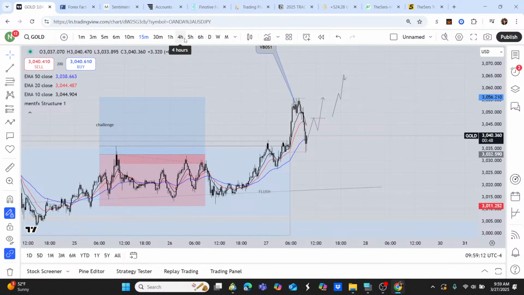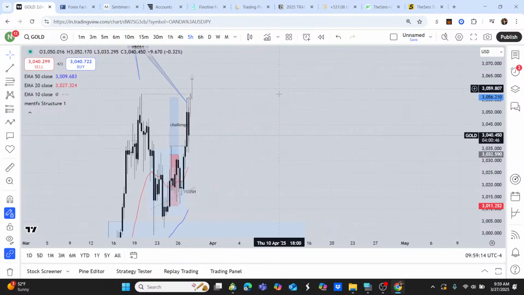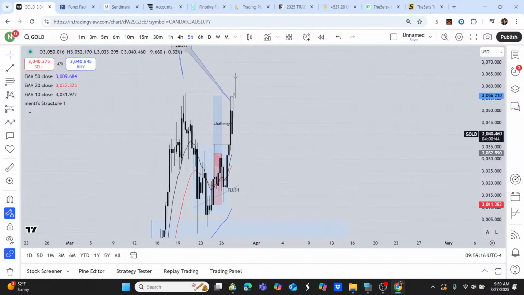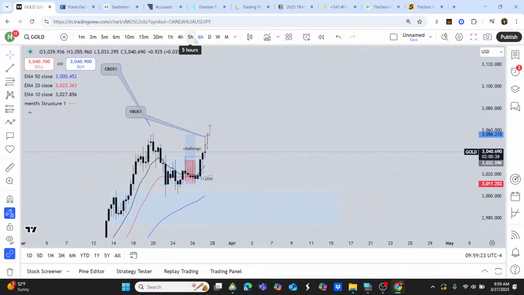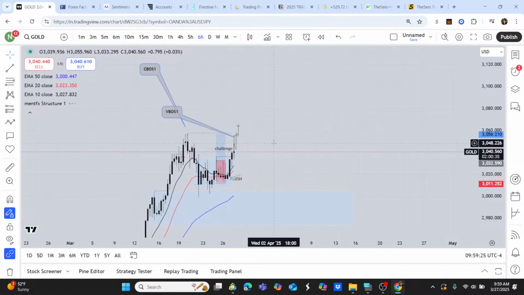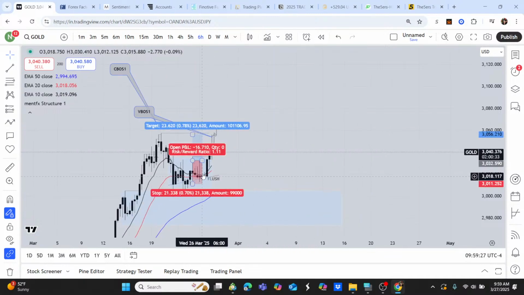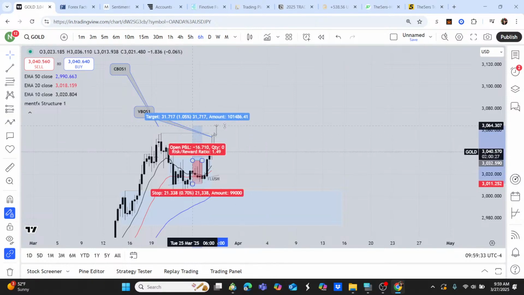Basically, take this trade as an example right here. I took it on a 5 hour time frame slash 6 hour, both the same thing, right? If you look at the stop loss size, it's not really all too big for this time frame. So in order for me to get a partial, it doesn't really have to move a lot.